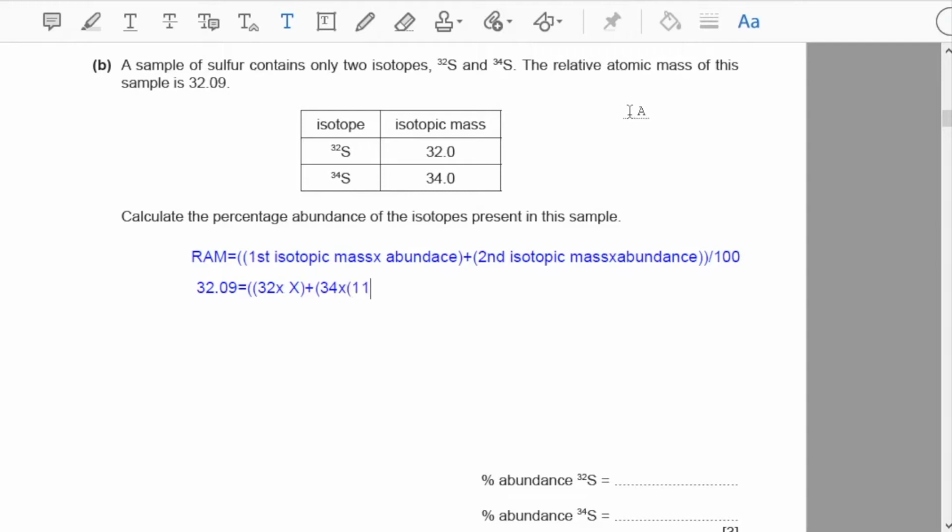This whole gets divided by 100. My X has a value of 95.5%. Since in this question X is associated with S32 and 100 minus X was associated with S34, so percentage abundance for S32 is 95.5% and S34 is 4.5.